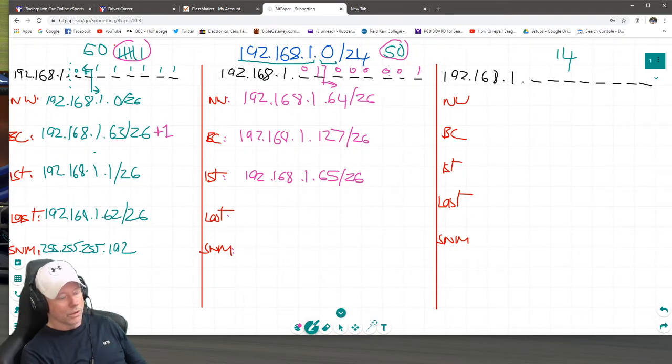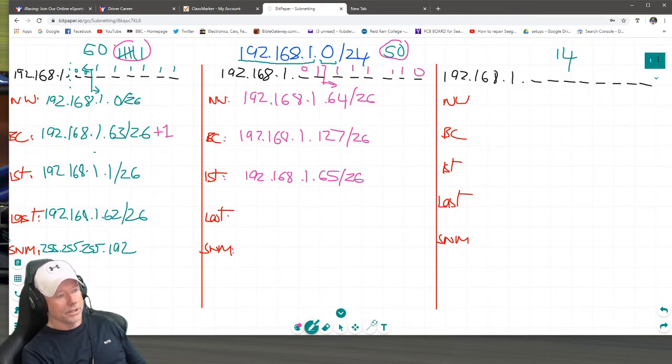Last usable. So to do the last usable, change this host portion all to ones. That's the broadcast address. And then the last one, take that off and make that into a 0, because that's the very last number you can get that can be assigned.